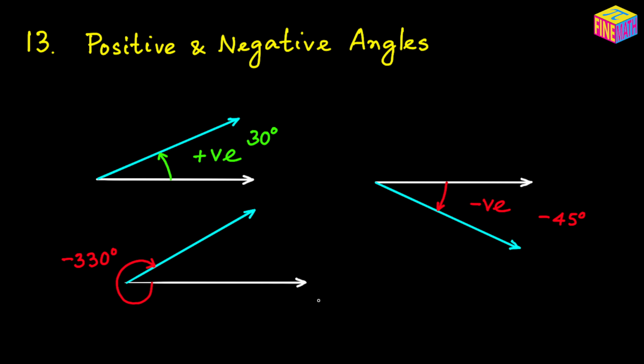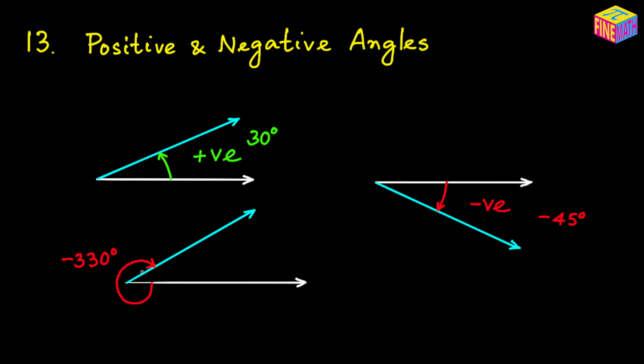Also in the third diagram, you see that we have the terminal ray rotated in a clockwise direction, and it has been rotated almost one complete circle, not quite but almost, and we have created a 330 degree angle. We're going to call it a negative angle because the terminal side has been rotated in a clockwise direction. Suppose we started from the initial side and kept on rotating it all the way up to this position.